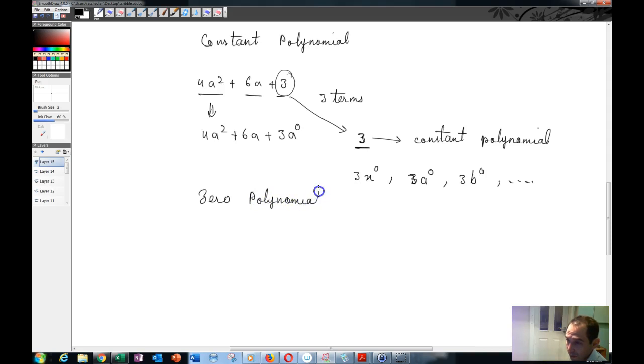By the same logic, when you can have 3 as a constant polynomial, you can have 0 as a polynomial as well, and this is called a 0 polynomial.